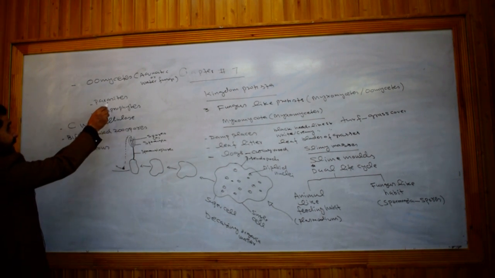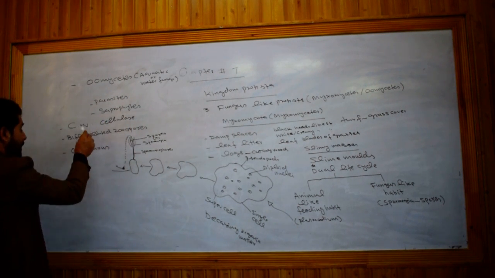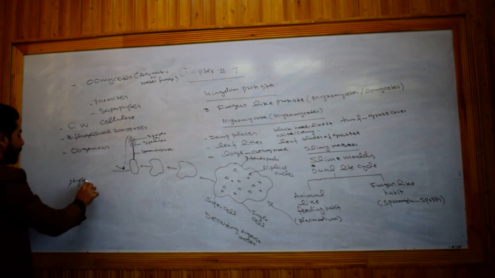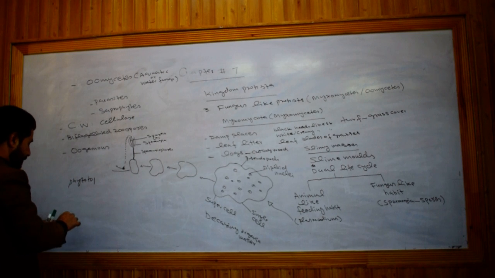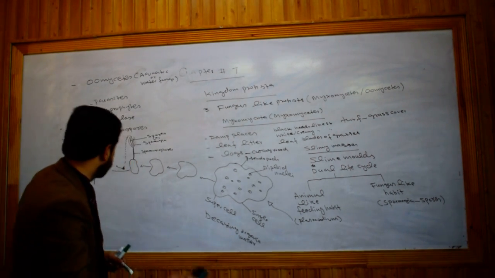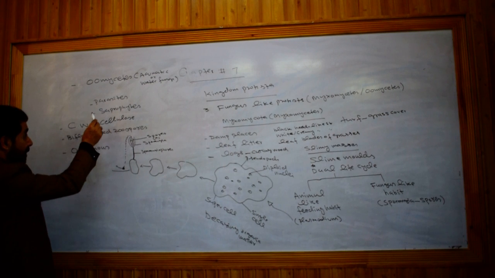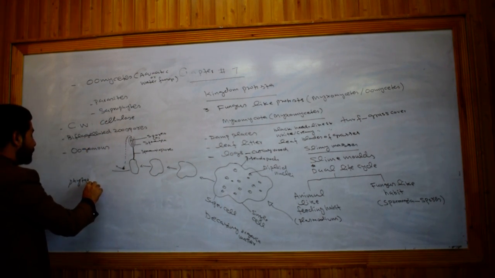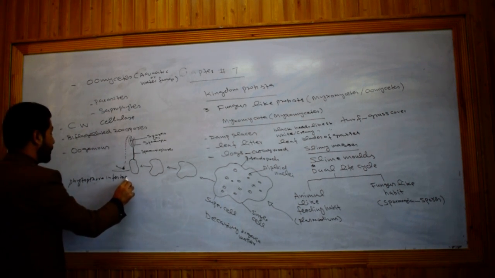As I told you, it includes parasites and saprophytes. So one of the parasitic members is Phytophthora infestans. The representative example of a parasitic member of oomycetes is Phytophthora infestans.